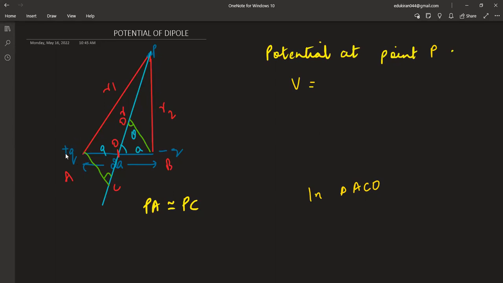If plus Q charge is present and the separation is R1 from the point of calculation, what is the general formula for the potential? Last class we have done this. Plus Q is the charge, R1 is the separation. What would be the potential?